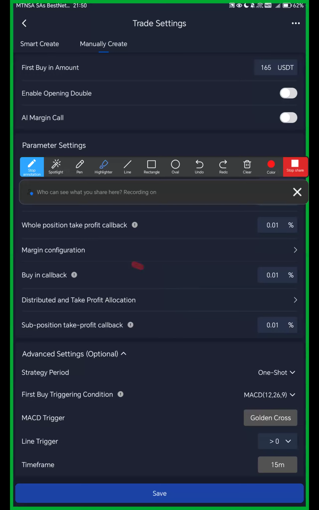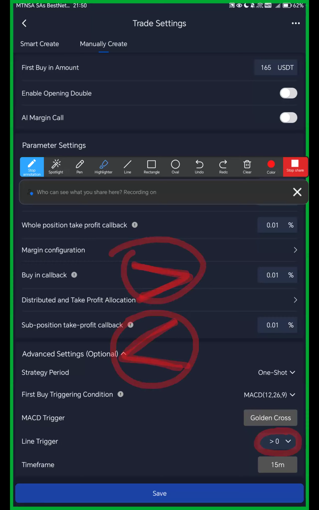When you see something like this, it means above. When you see something like this, it means below. So when you tap here on this zero, you are going to see this signal pointing forward, this signal pointing backward. This one below the zero line, this one above the zero line.